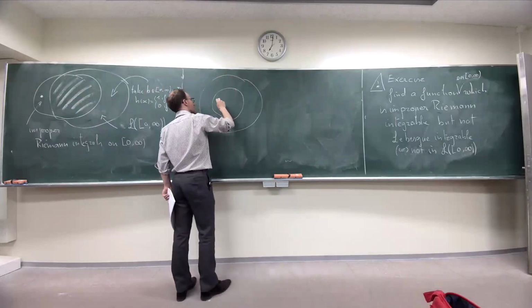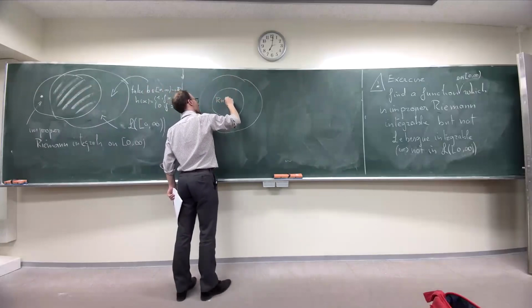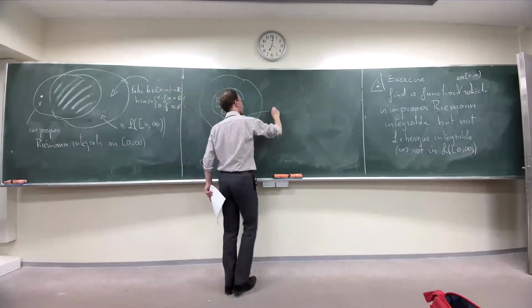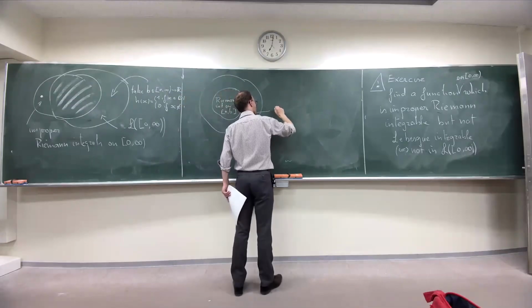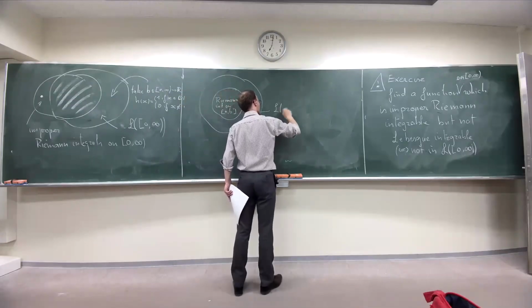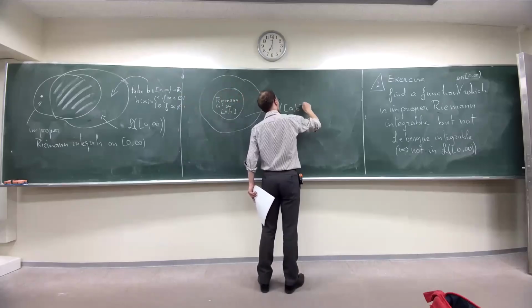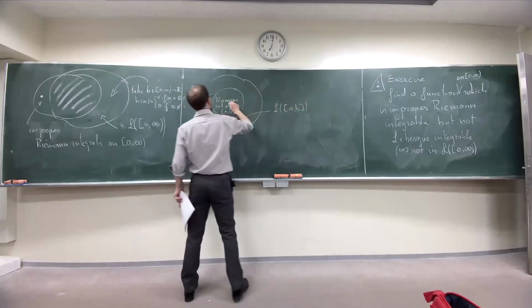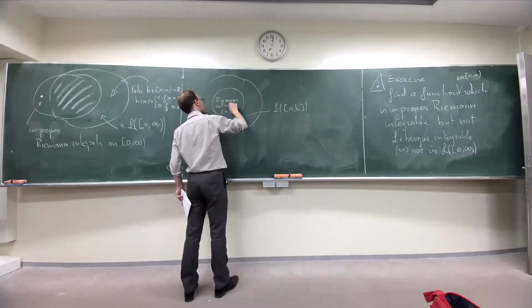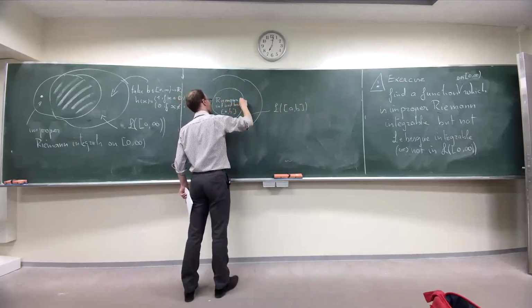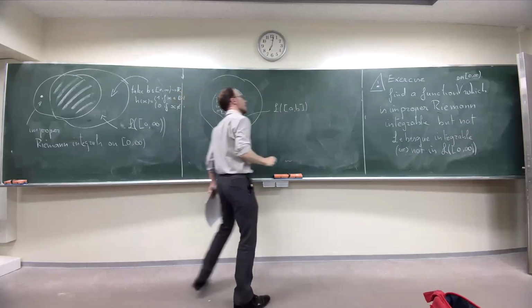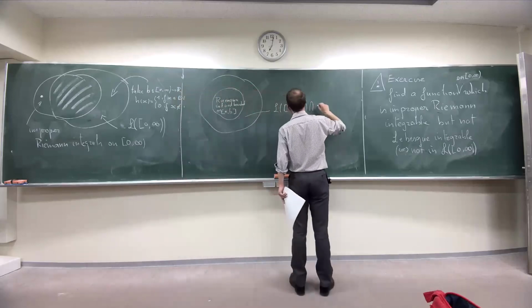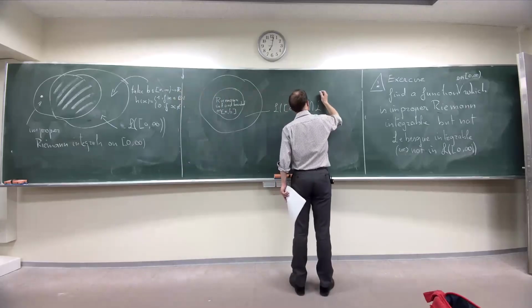This is Riemann integrable on AB, and this is L of AB intersection bounded. Sorry, I should take Riemann integrable and bounded, as on this L infinity intersection with L infinity of AB.